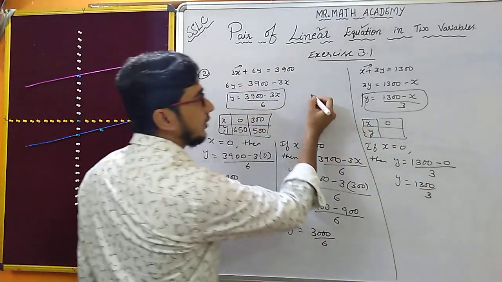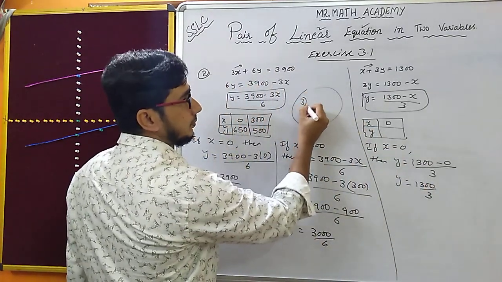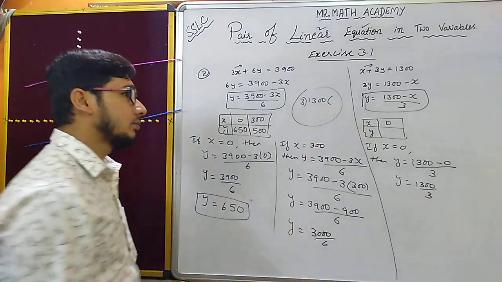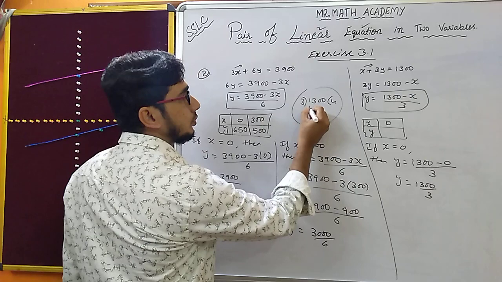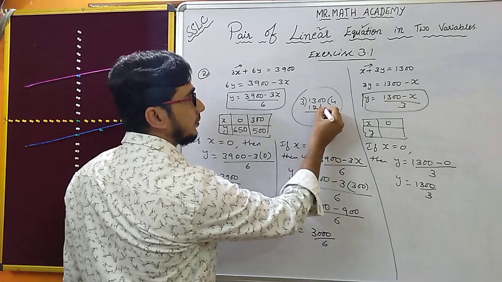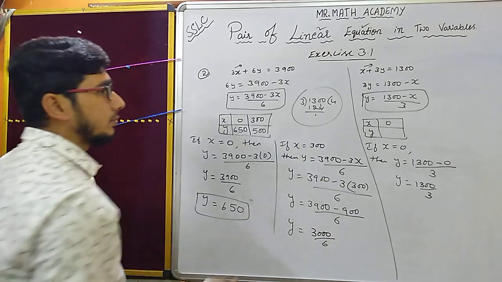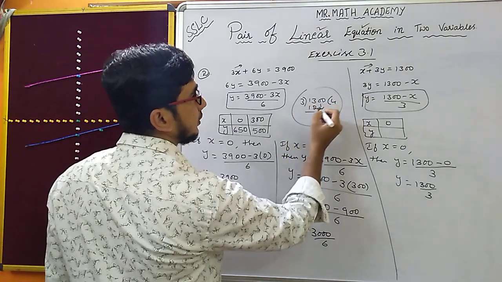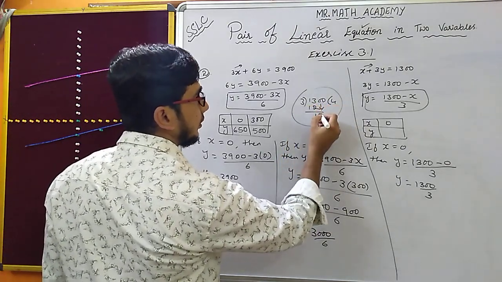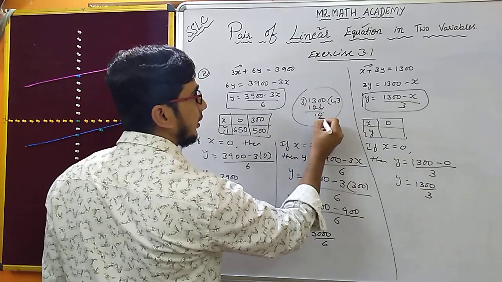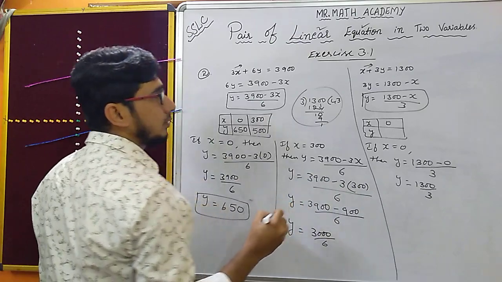We'll divide here. 3 fours are 12, 1 remaining, 0 take it down. 3 3s are 9, 1 remaining.